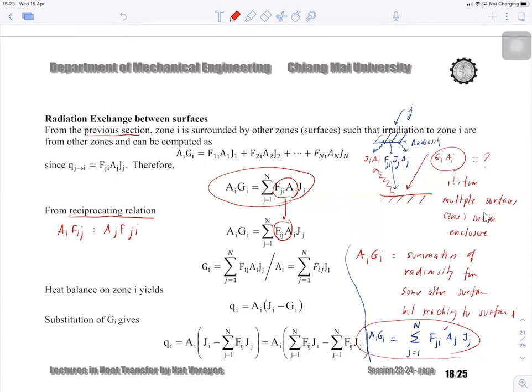And rearranging this equation, now move AI to the right-hand side. Because AI is a constant in the back of the summation, it can get canceled with the AI. So you're going to have GI equal to the summation of Fij JJ, J running from 1 to N.